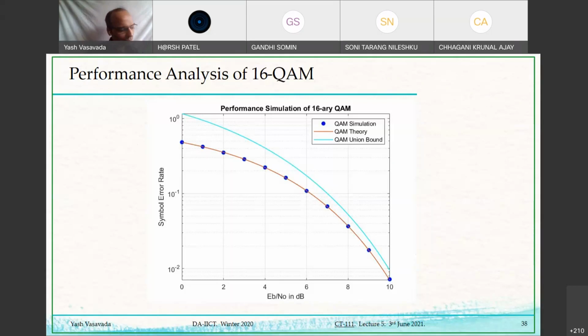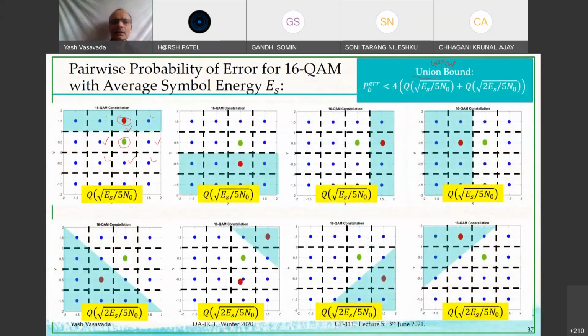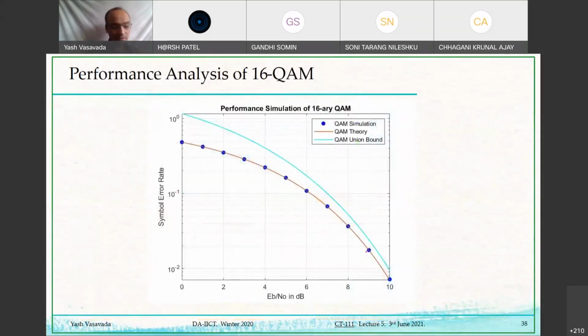Now, before I take a break, I want you to think about this. This is the union upper bound. There is something called the improved union upper bound, UUB, and it comes even closer than the union bound. So maybe it looks like this.